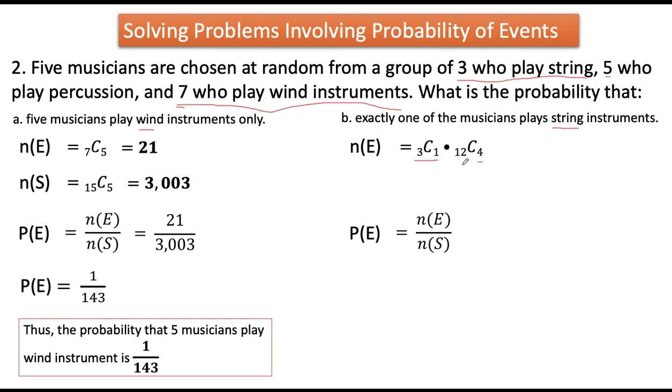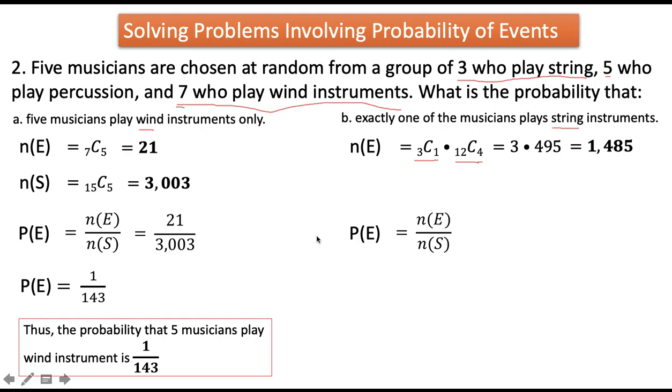So 7 plus 5 is 12. So it means we're going to take 4 out of 12. So simplify, 3 combination 1 is 3, 12 combination 4 is 495, then by FCP, that is 1,485. So this tells us that there are 1,485 ways for us to form a group of 5 musicians wherein exactly one of them is a string instrument player.